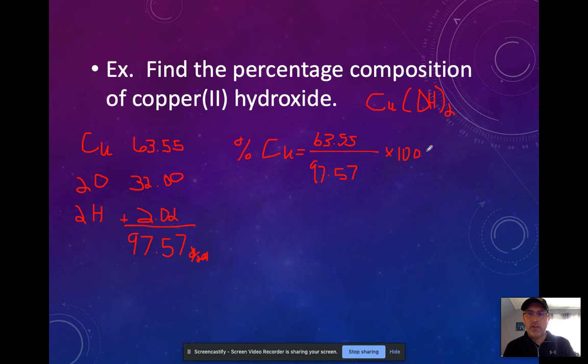This will give you your percentage of copper. Sig figs are not that important with these. I usually round it to 2 decimal places. So, 63.55 divided by 97.57 times 100, and I get 65.13%. So this compound by mass is 65.13% copper.